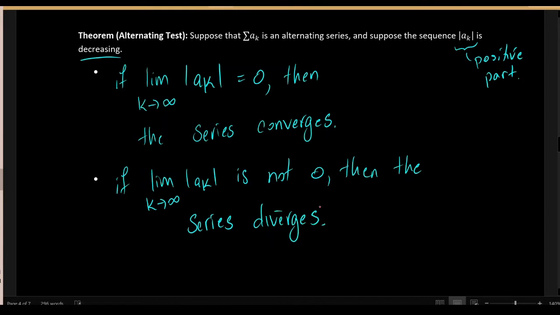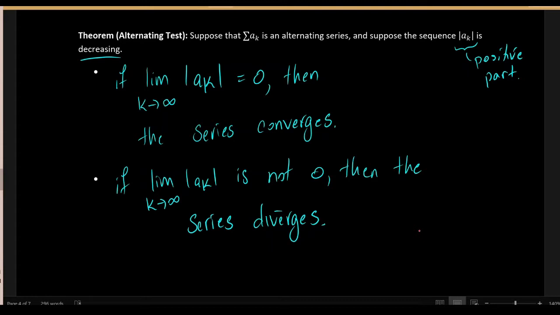So this is almost like the blessed version of divergence test. Divergence test told you that if the limit of your sequence was non-zero, then the series had to diverge. However, divergence test does not give you any information at all if the limit of your sequence happens to be zero exactly.